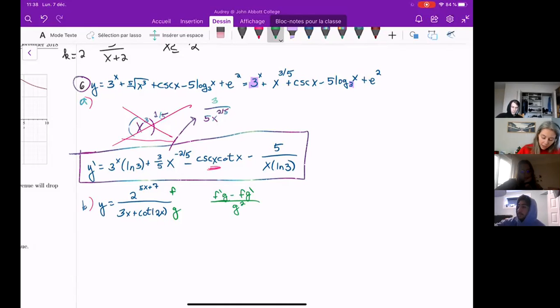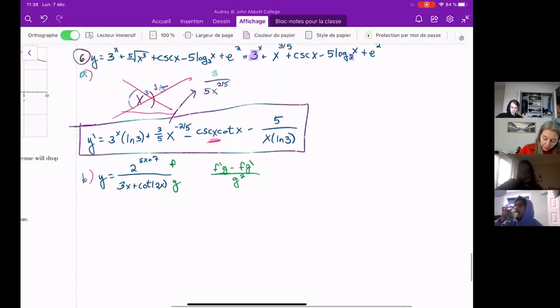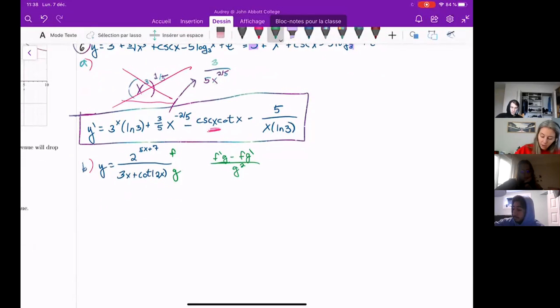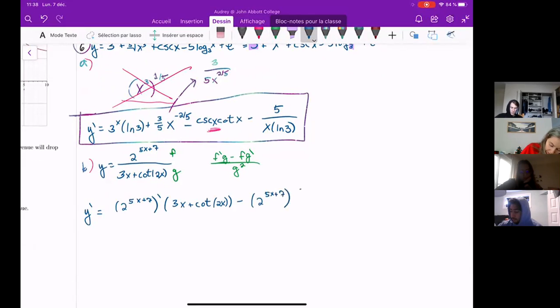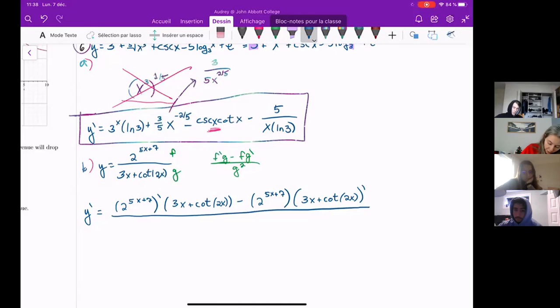So we're going to do this. I'm going to do it in 2 steps. Y prime therefore equals the derivative of the top times the bottom minus the top times the derivative of the bottom, all divided by the bottom squared.